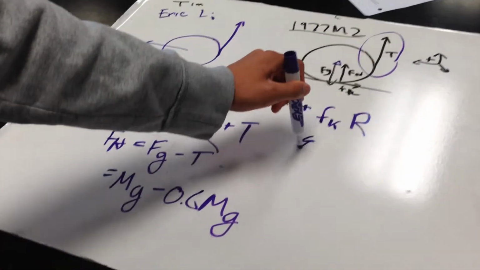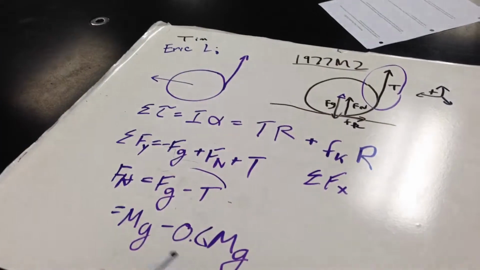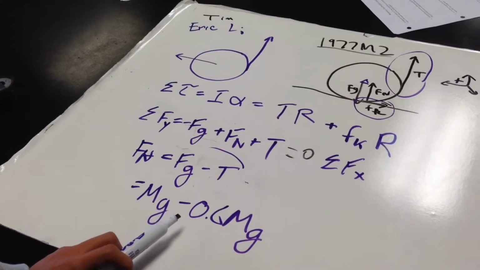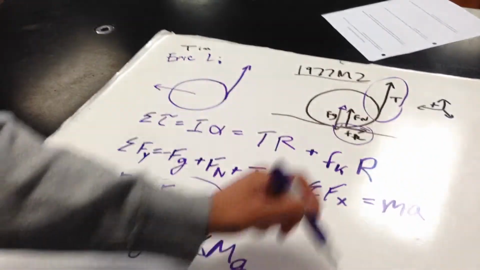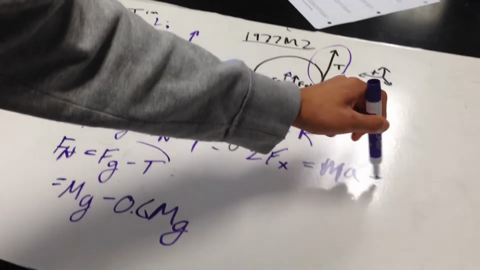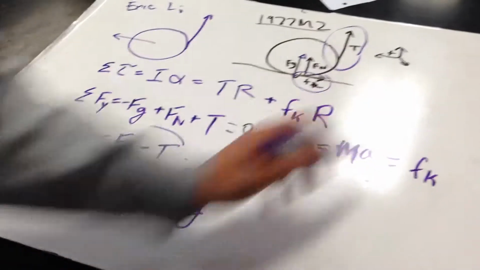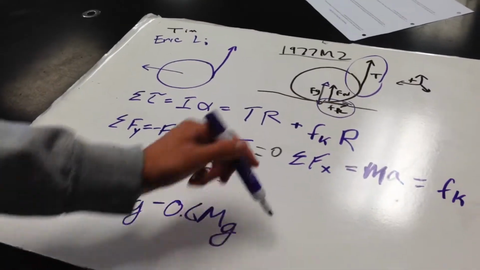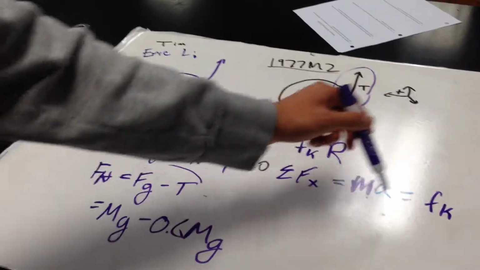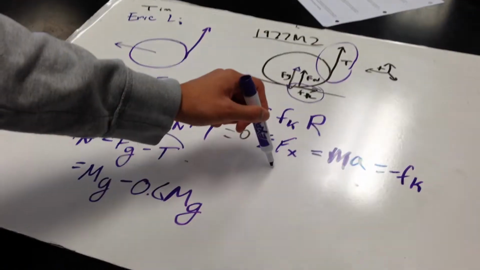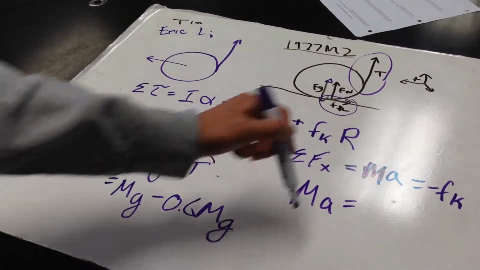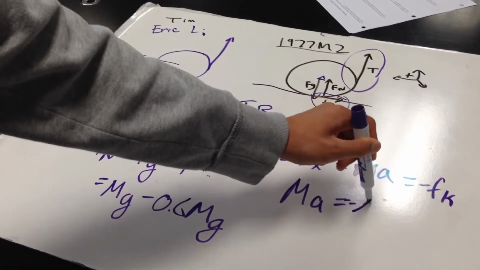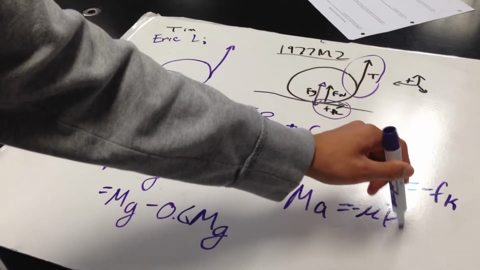Now we're going in the x direction. There's only one force in the x direction, and that is force of kinetic friction. Okay? So mass times acceleration is equal to force of kinetic friction. Now, we're going to say that mass times acceleration must be equal to negative mu Fn, because that is what force of kinetic friction is.